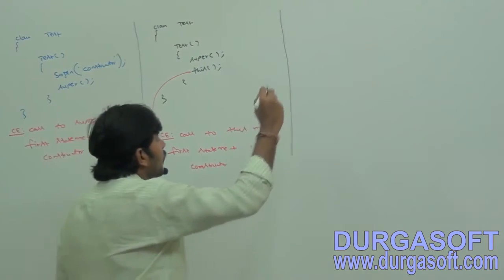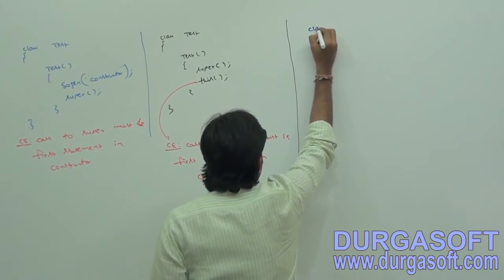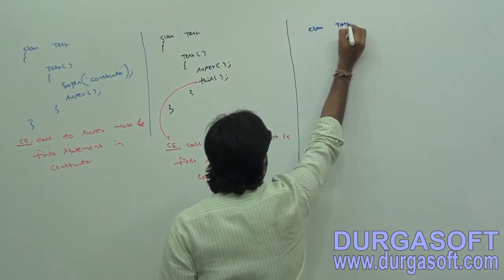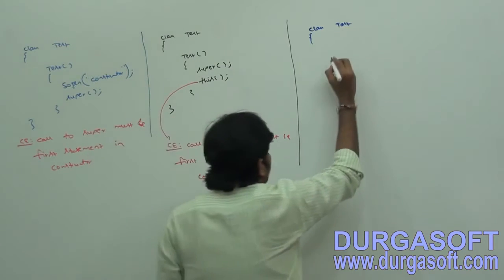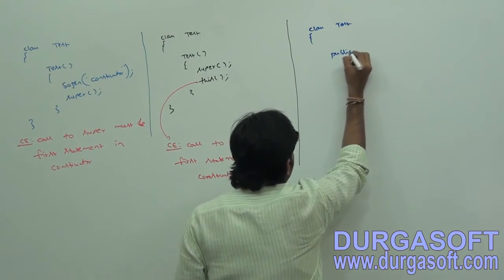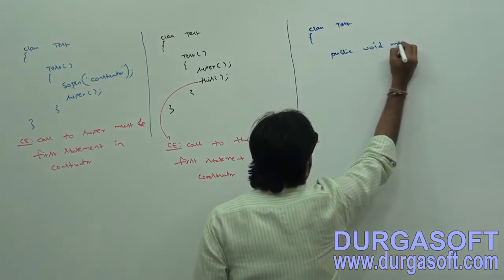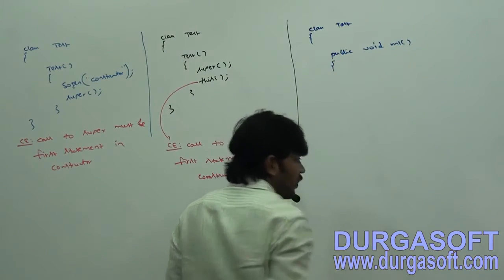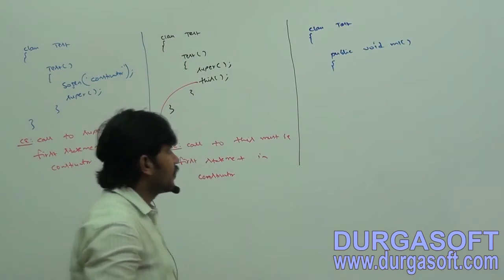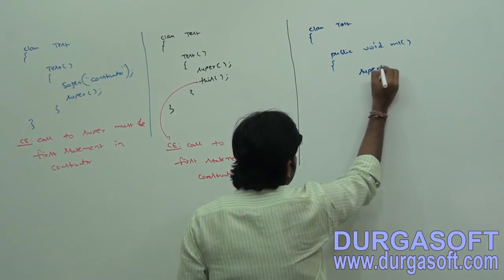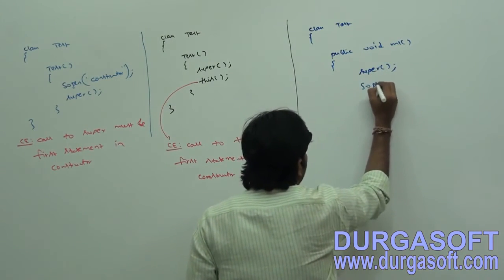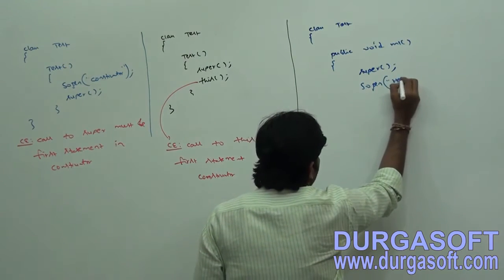Now the third, case 3. Class Test. I am taking a public void m1 method. Within it, super and then System.out.println hello.